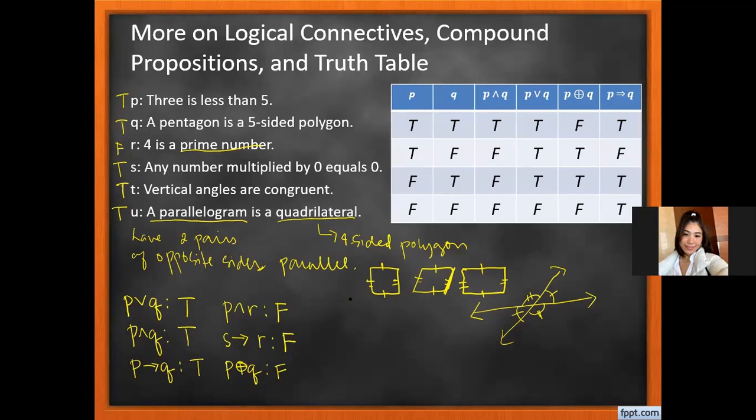So how about T or U? So this is vertical angles are congruent, or a parallelogram is a quadrilateral.